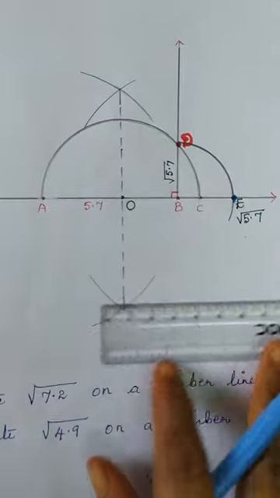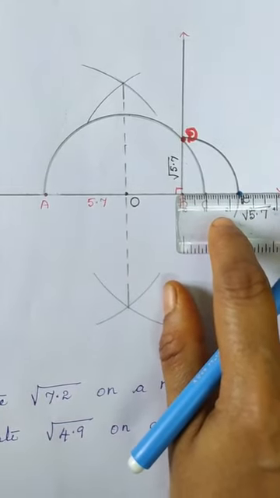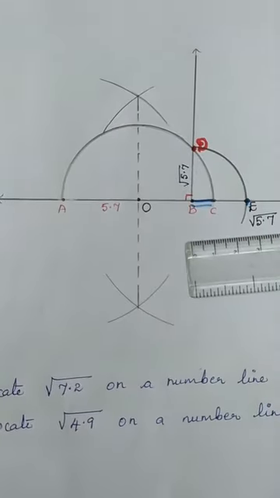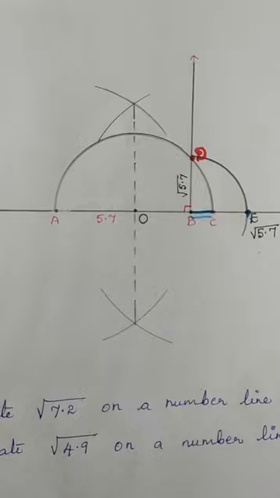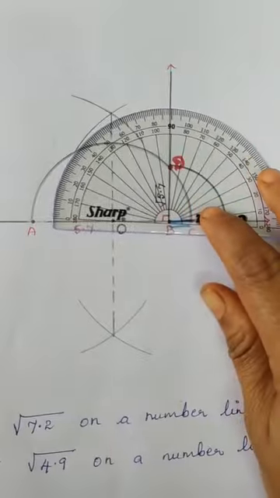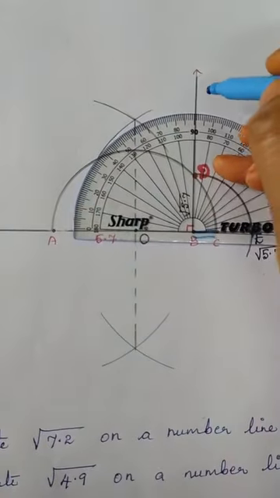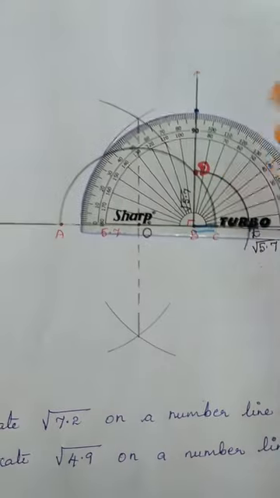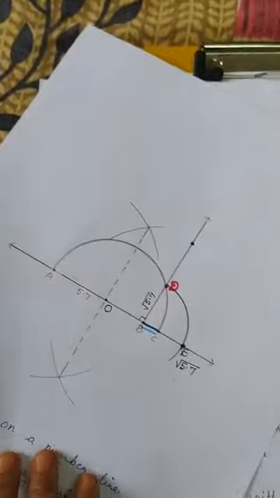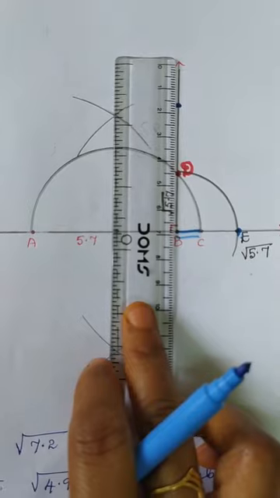From B, I keep the ruler on B and mark 1 centimeter, which means the distance between B and C is 1 unit. Then my next step is I keep the protractor on B and mark 90 degrees here, and keeping the ruler, I draw a line like this.